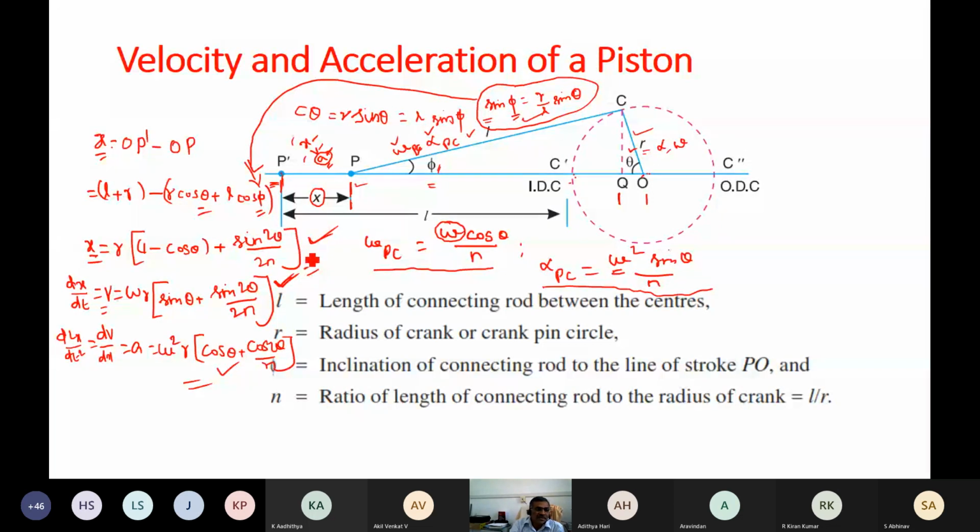This is displacement of the piston. This is velocity of the piston. This is acceleration of the piston. Already you must have discussed all those things in the velocity polygon method, because for every mechanism you cannot derive equations like this.